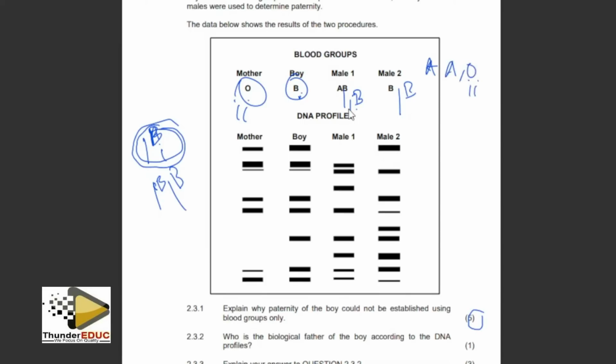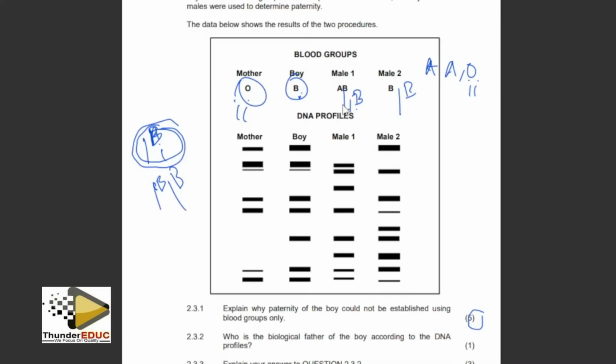Because the boy is blood group B, so there is no way this boy is going to get a B from a father who is blood group O, yet the mother is already known to be blood group O. So you can't use blood group to conclude the father of the individual. Because you are blood group B, you can't say this is my child, because this child is blood group B. There are so many people who have the same type of blood group, and the possibilities are many. I hope you understand me better.